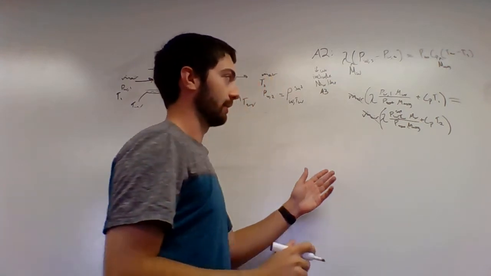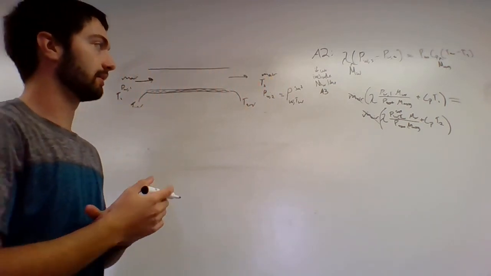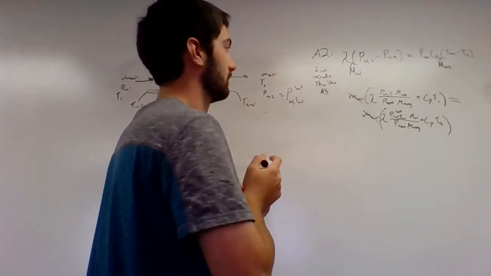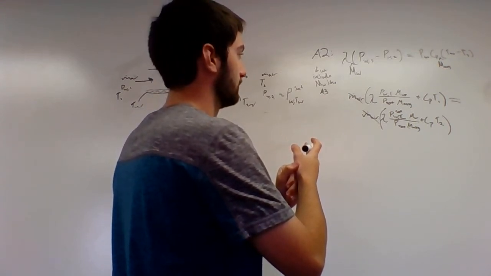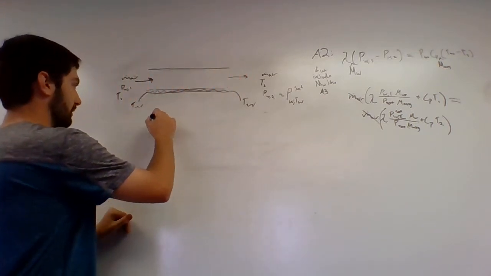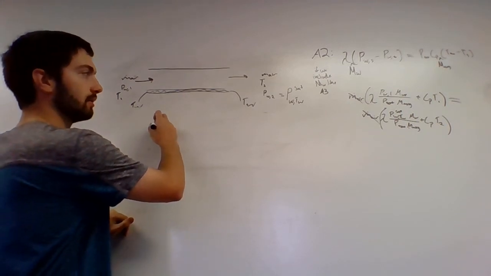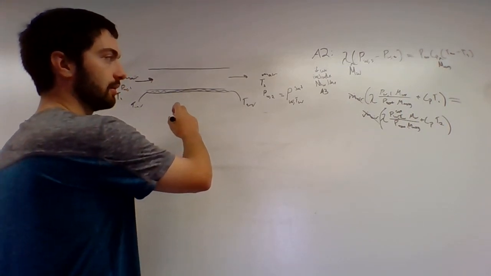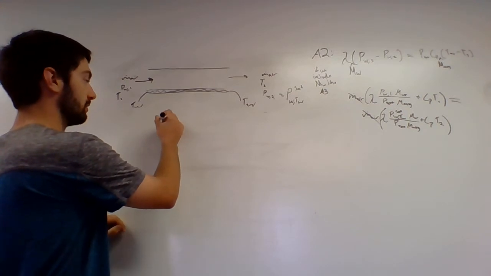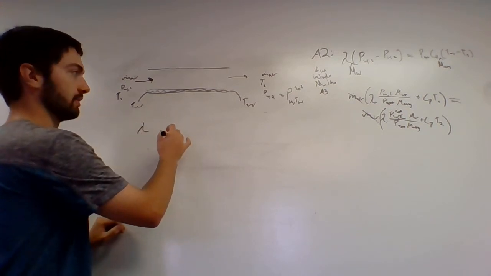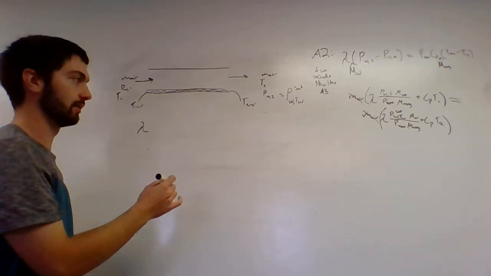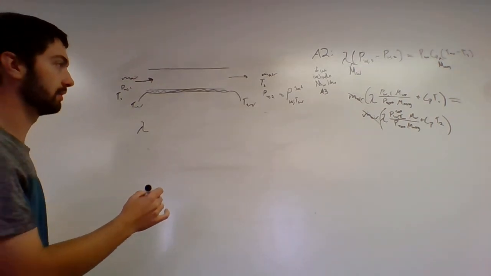So as I said, I can do some combination here. Let's see. So I think I can pull out. We're just going to combine everything to one side to do the algebra real quick.